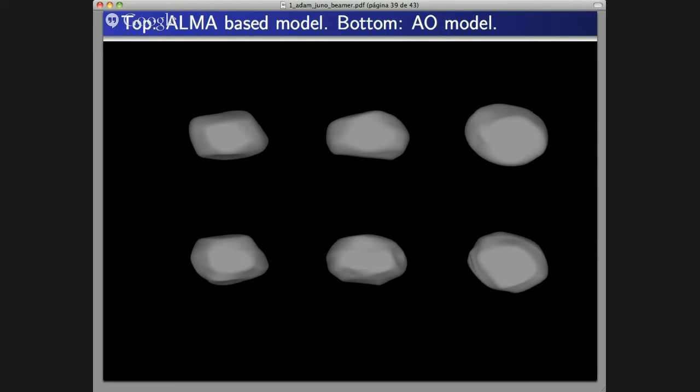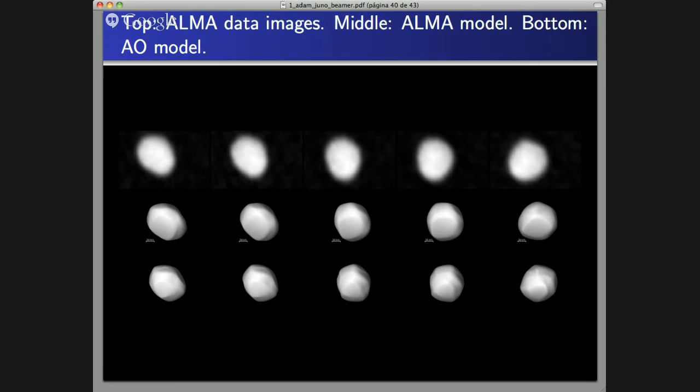So here is also, the bottom row is the AO model compared to the ALMA data, and the rest of the images.